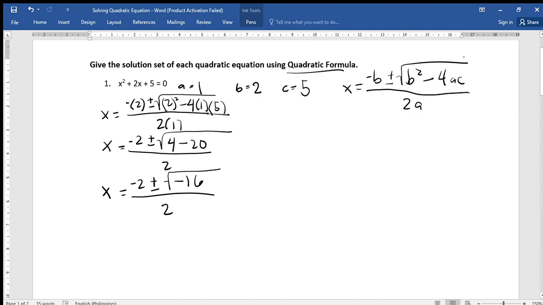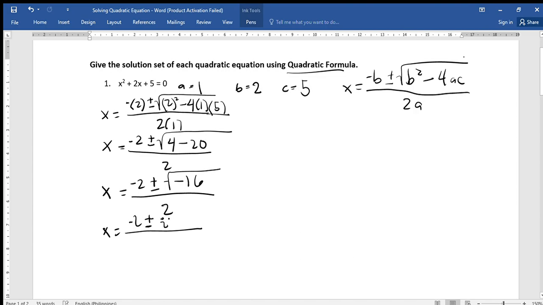Try natin ilabas si 16. X is equal to negative 2 pa rin, plus minus, yung number natin sa loob ng square root, naka-negative po siya. So, maglalagay tayo ng i to remove that negative.